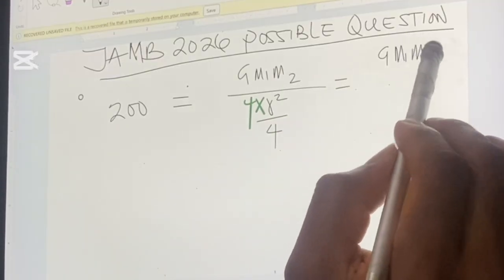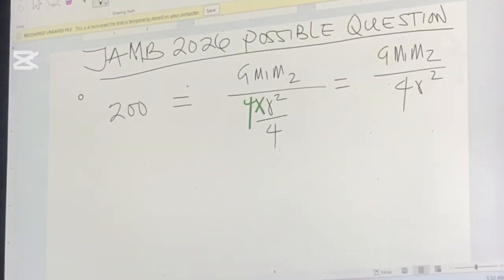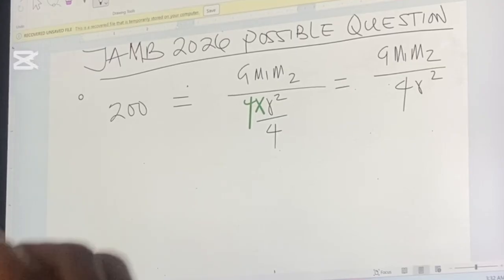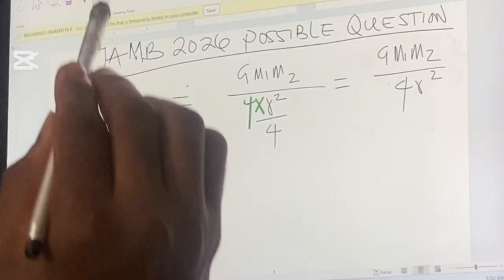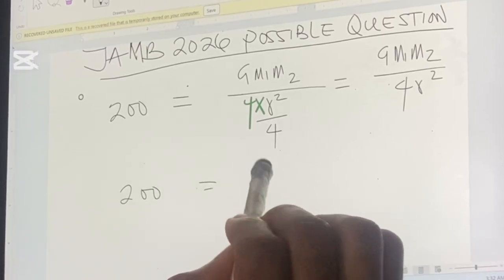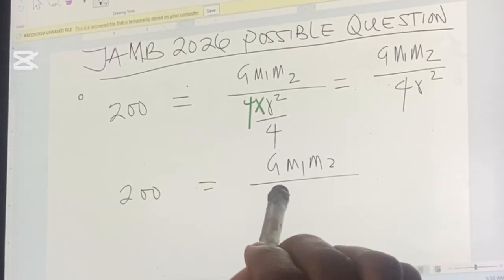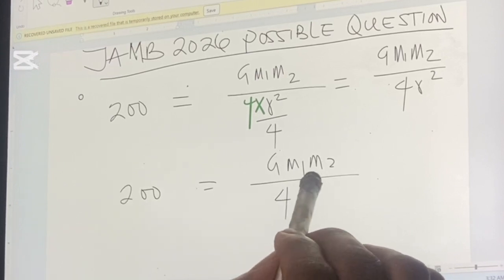G m1 m2 over 4 r squared. But class, there is an expression we know. So we have 200 is equal to G m1 m2 over 4 r squared.